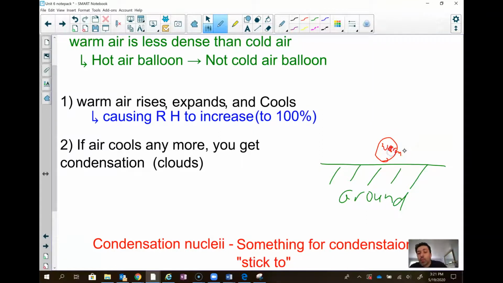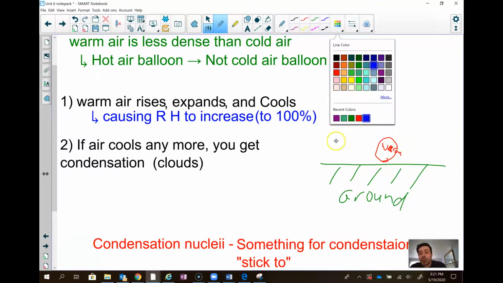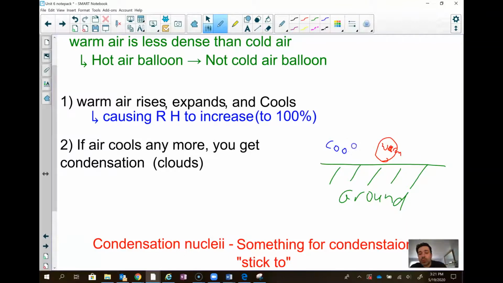Just like we said, the warm air is here, and we'll put some cooler air around it: cooler air here, cooler air here, and cooler air over here. The warm air is going to be warmer than what is around it, so it's going to be less dense. And if it's less dense, it's going to rise.